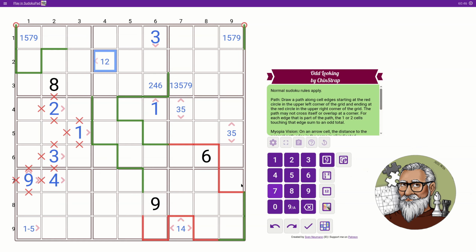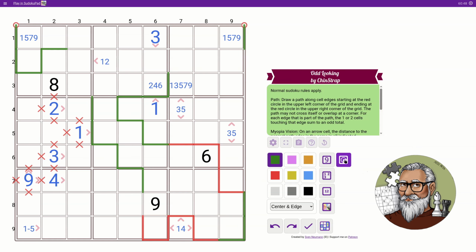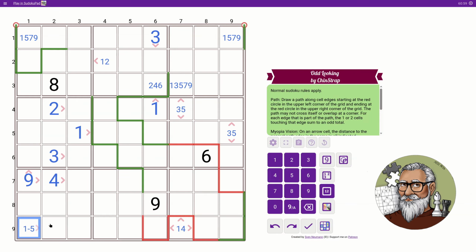Right, so what? Let's pencil mark. I'm going to get rid of those because they're annoying me and I don't think we need them anymore. Right, what do we know now? This is not 4, I know.